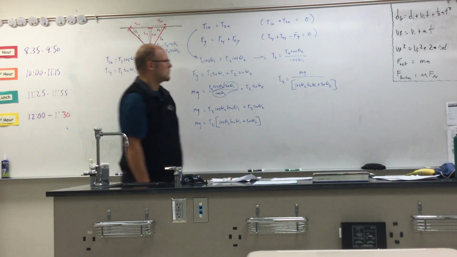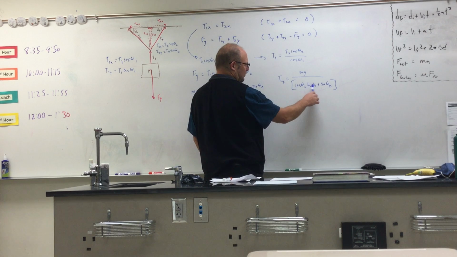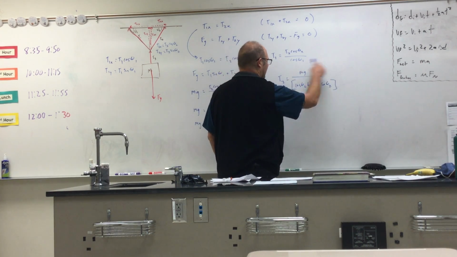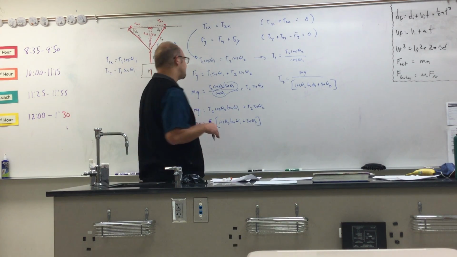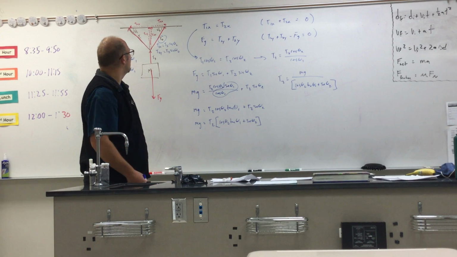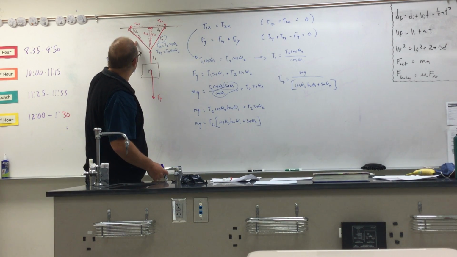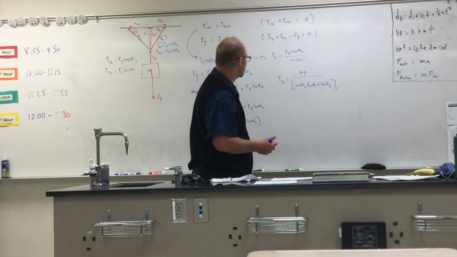And again, I want to stress that m was given, g is known, and theta 2 and theta 1 are given. So this is all a known value. You're going to get a value for T2. So that will take care of T2. And now we can just solve for T1, because T1 is just T2 cos theta 2 all over cos theta 1.